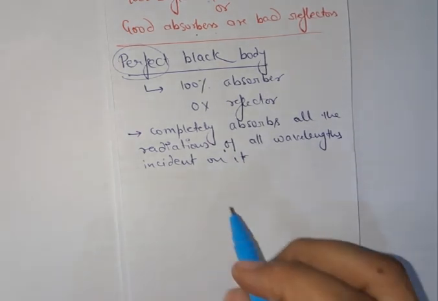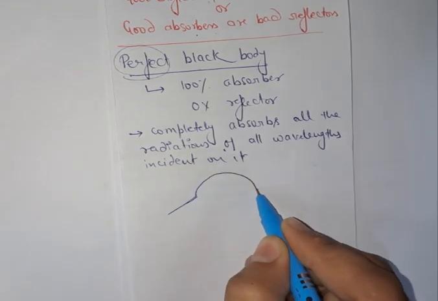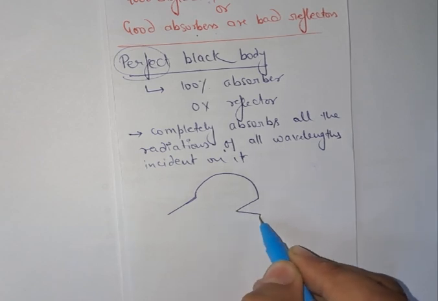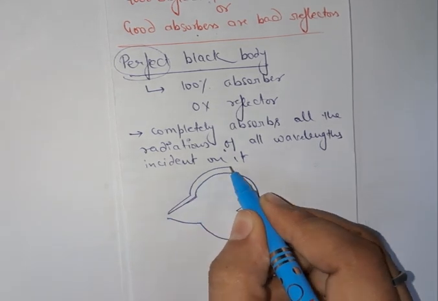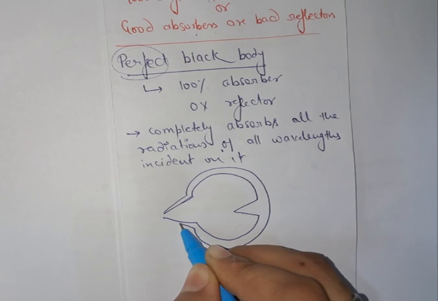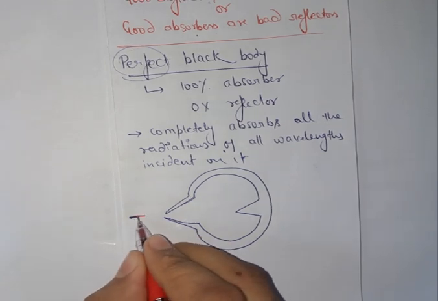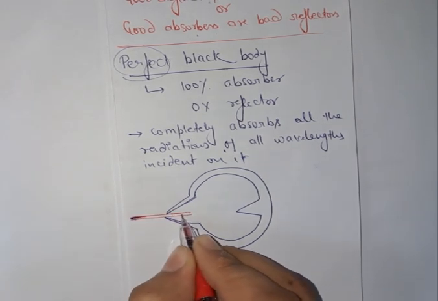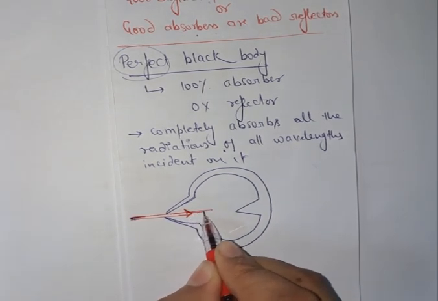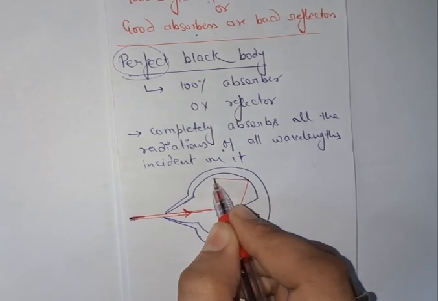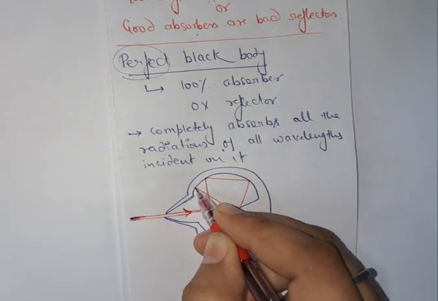So let us suppose that an energy beam is entering this kind of object, and on entering it gets reflected, but it is not coming out.